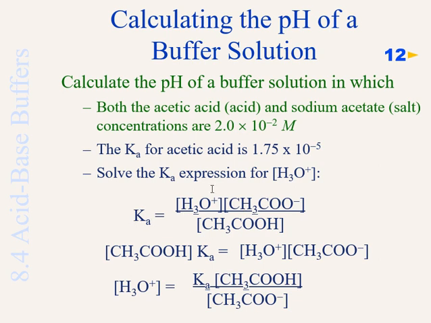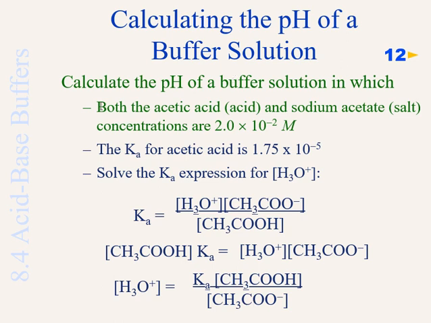Here is the Ka value for acetic acid, for example, 1.75 times 10 to the negative 5. Sorry, not molar, Ka is a unitless term. So that's your Ka value. If we rearrange this equation to have H3O+ on one side, we have the form given at the bottom: H3O+ concentration equals Ka times the acid concentration over the base concentration.